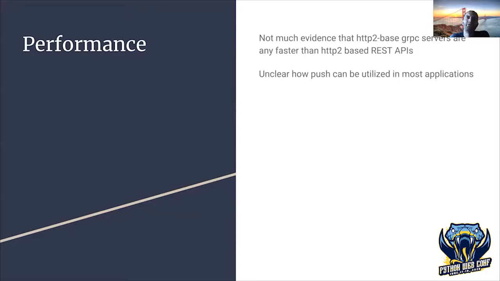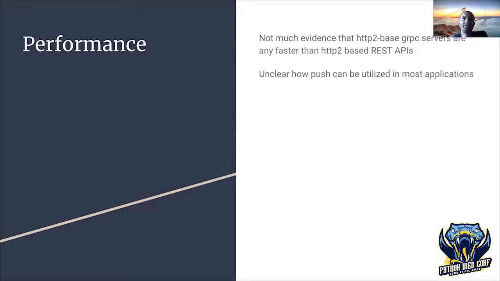And there's no actual evidence, at least from the things I've tried, that gRPC in itself is faster. It's supposed to leverage HTTP/2 to do asynchronous communication, and you'd be able to push data to another service proactively instead of waiting for it to request it.